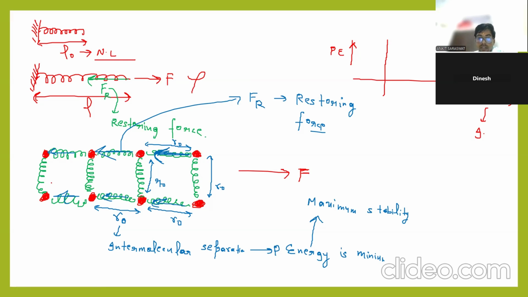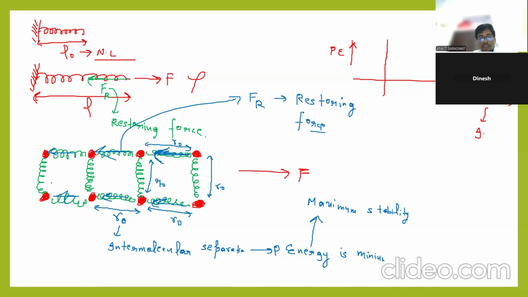Because here maximum stability is there, that's why the atoms are coming closer. Otherwise, they never come. You are looking at the rubber band, you are looking at a human being. We all are existing. You, me, everyone in this universe is made up of atoms: electrons, protons, neutrons.